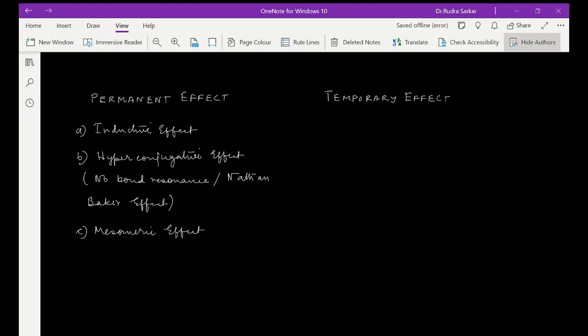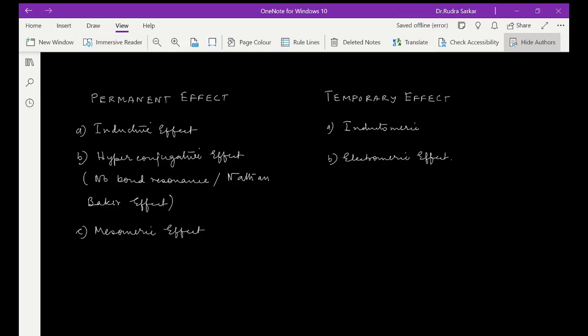Whereas in temporary effect you have two topics which are known as the inductomeric and electromeric effect.